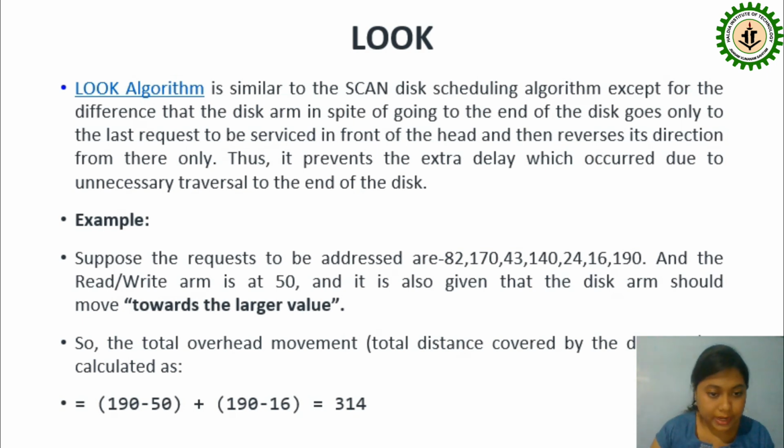So 190 minus 50 is the first step. Then from 190 to 43, 24, we are going to the smallest request, that is 16. We calculate the distance also, that is 190 minus 16. So the total will be 340.